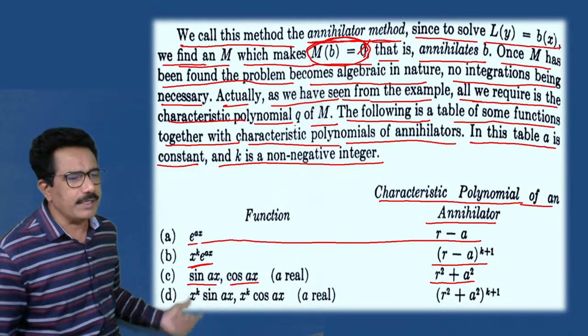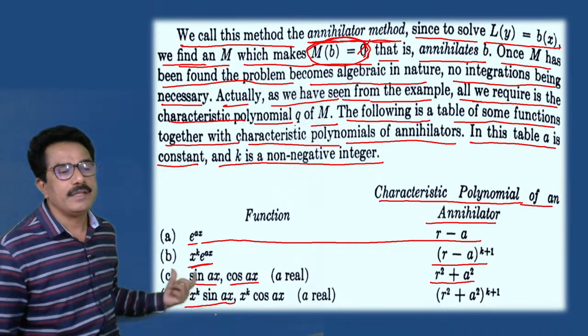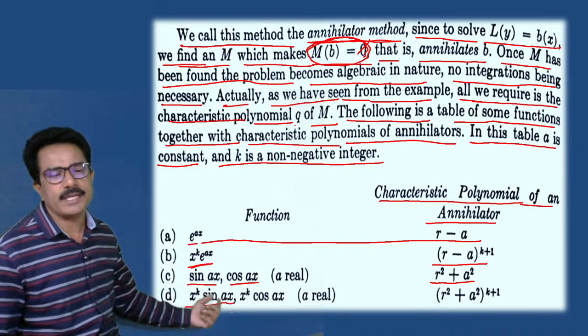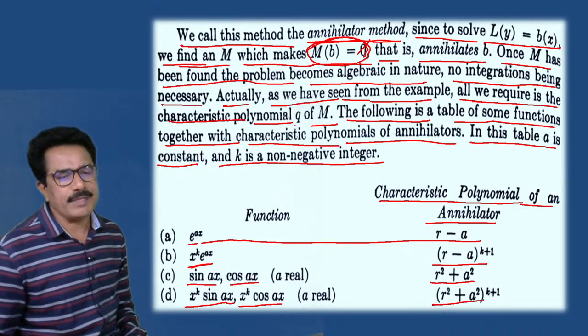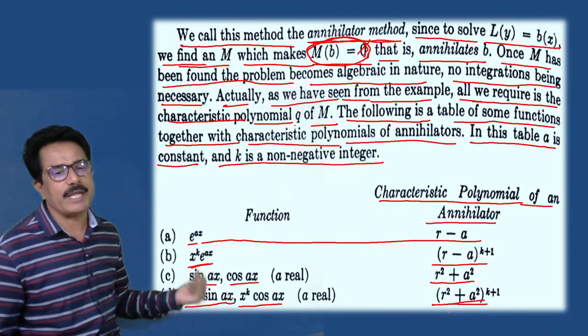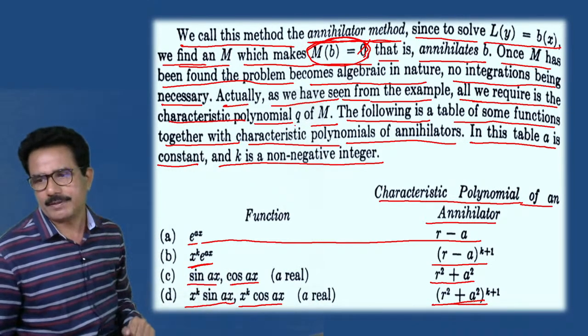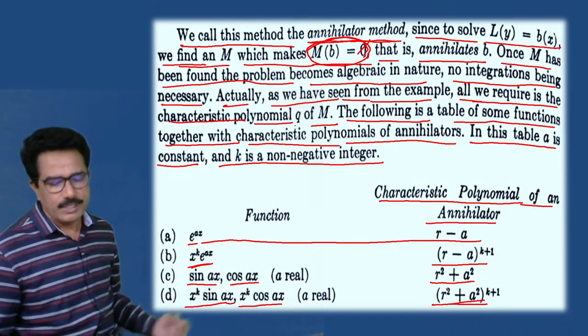Now next, x raised to k into sin ax or x raised to k into cos ax can be replaced by (r square plus a square) bracket raised to k plus 1. You have to note this.